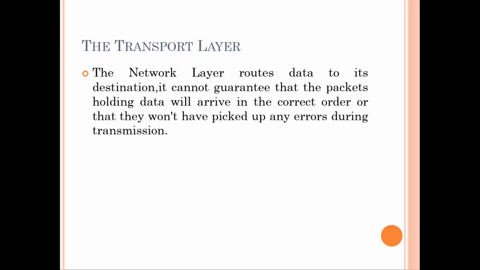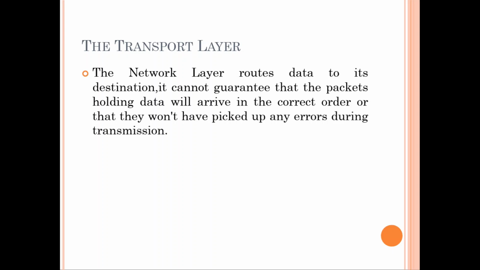As the network layer sends the data from the sender to the receiver, it cannot guarantee that the packets will arrive in a particular order.